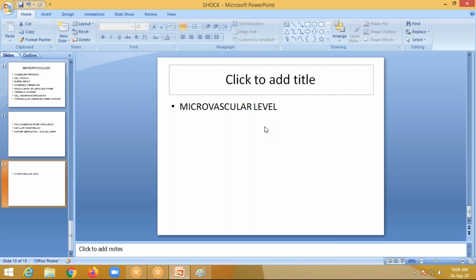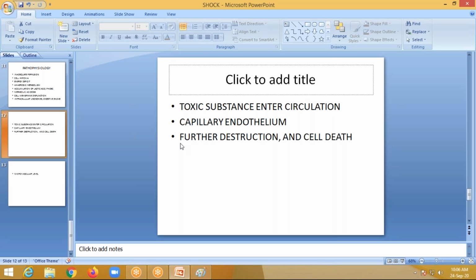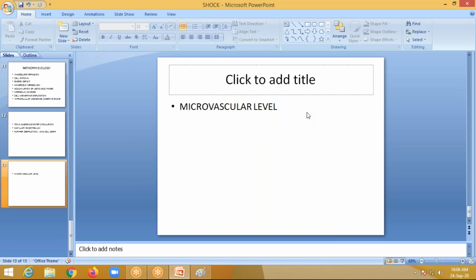Activation of immune system, coagulation system, hypoxia and acidosis. Hypoxia is a main component because of decreased circulation and perfusion. And acidosis, we already know in the pathophysiology, occurs due to release of lactic acid. And release of oxygen free radicals and cytokines leads to endothelium death. As you have already seen, capillary endothelium destruction causes release of fluid to the surrounding tissues, which leads to edema.